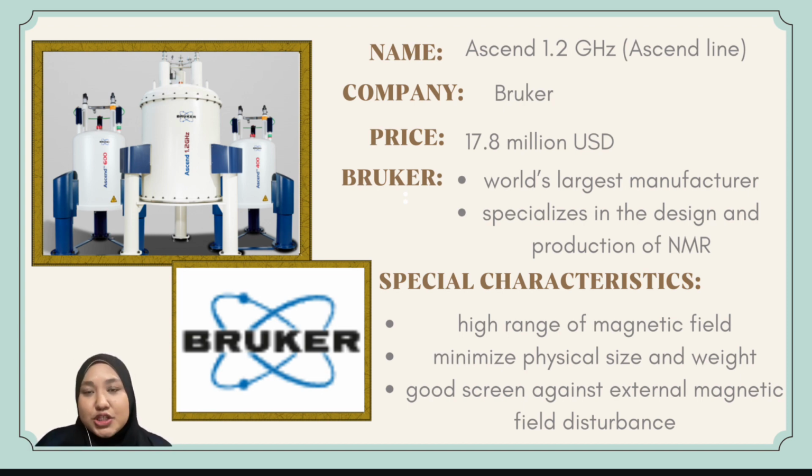It uses advanced superconductor technology, so this NMR is able to produce a magnetic field as high as 1.2 GHz and minimize the physical size and weight of the design to make it more compact. Being a good shield against external magnetic field disturbance, it can even be used in a challenging location.